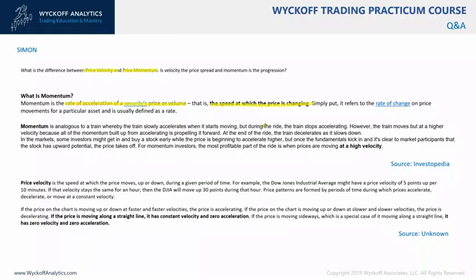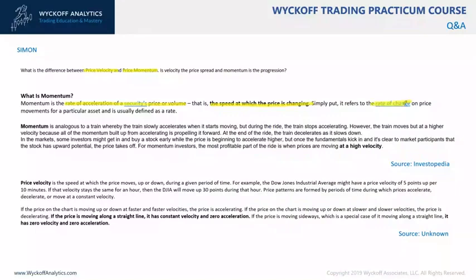Speed and velocity are kind of the same thing, so from this type of definition you might be somewhat confused. At least I am. Simply put, it refers to the rate of change on price momentum for a particular asset and is usually defined as a rate.